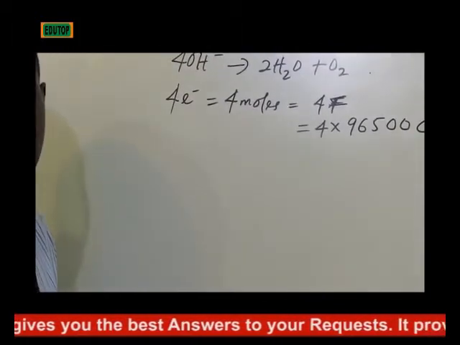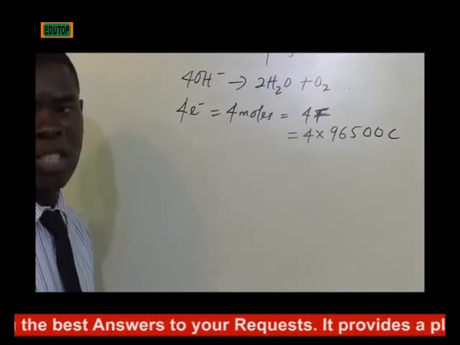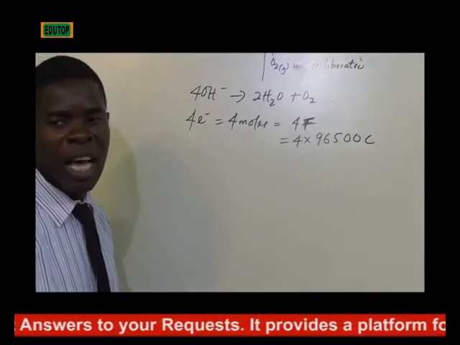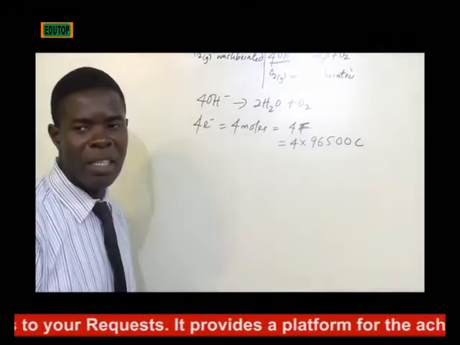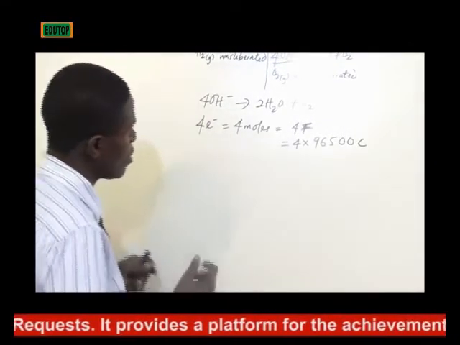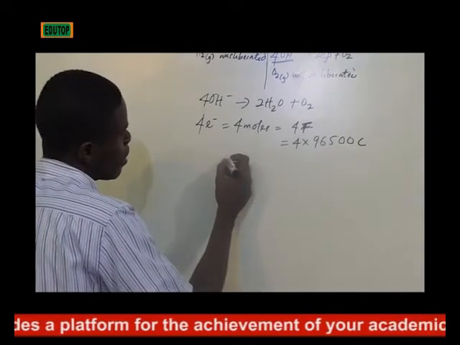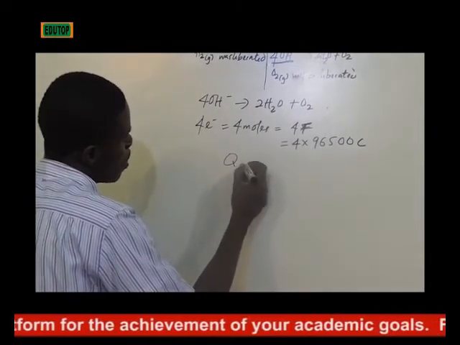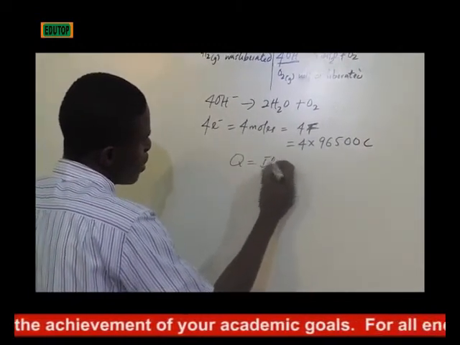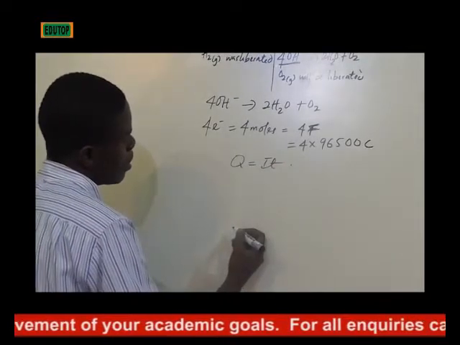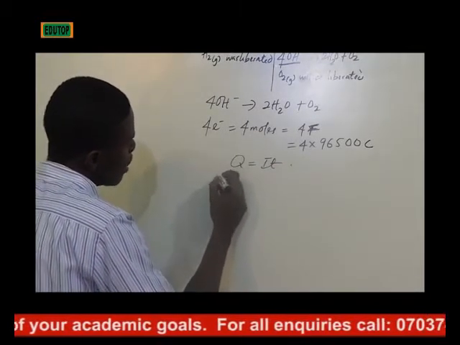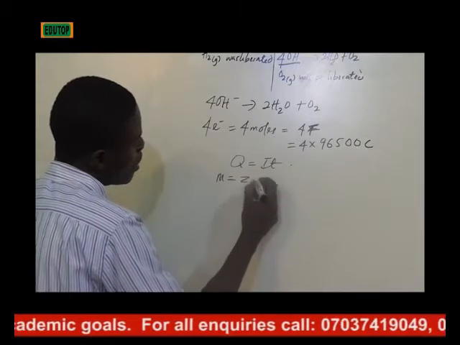4 grams of oxygen gas during the electrolysis of acidulated water, there we all know that Q equals IT, and we also know that M equals ZQ.